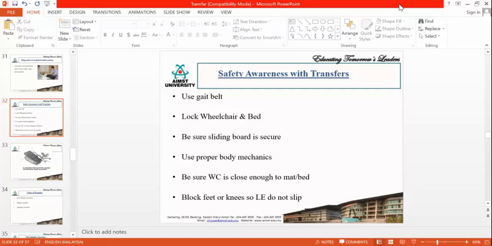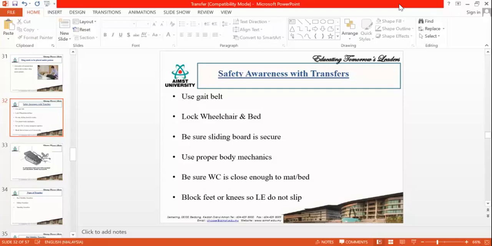You need to use the proper body mechanism so that the therapist is not affected and doesn't get low back pain, or end up with IVDP, disc prolapse, or any rupture, fracture, or any sprains or strains. So you need to be very careful in that.